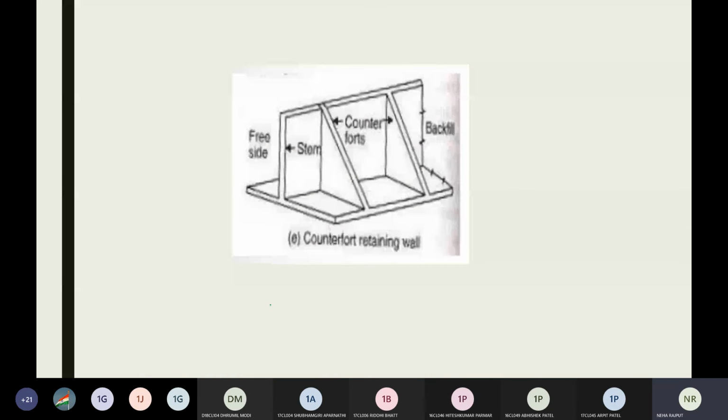So as I explained earlier also, this stem is connected with counterfort member by horizontal reinforcement. मैंने आपको वीडियो में भी बताया था, this reinforcement is the horizontal reinforcement, right? So that connection design remains, but we have done with the design for the counterfort stem member.